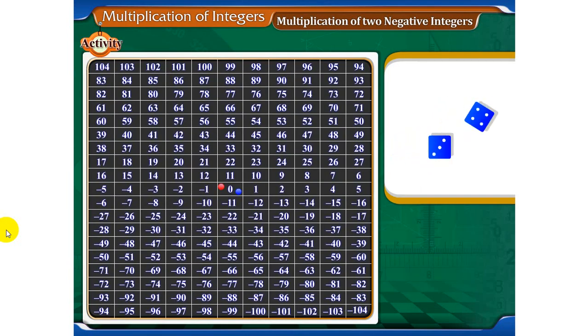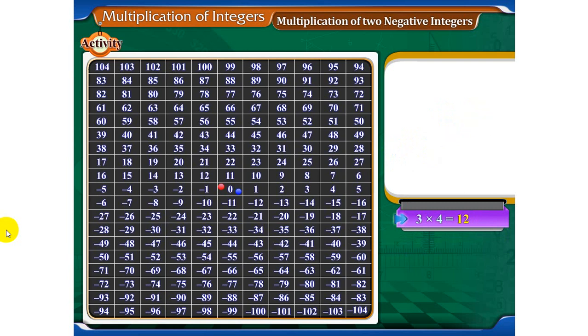Suppose both blue dice have integers 3 and 4, then the product of 3 and 4 is 3 multiplied by 4, which is equal to 12. Similarly, if both the red dice have integers 2 and 5, then their product, negative 2 multiplied by negative 5, is equal to 10.